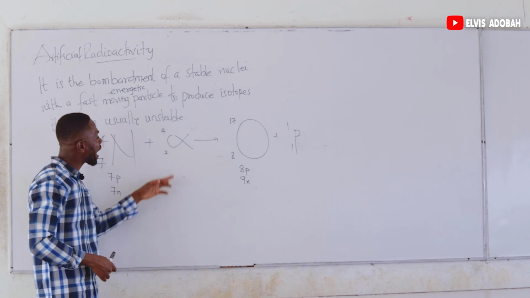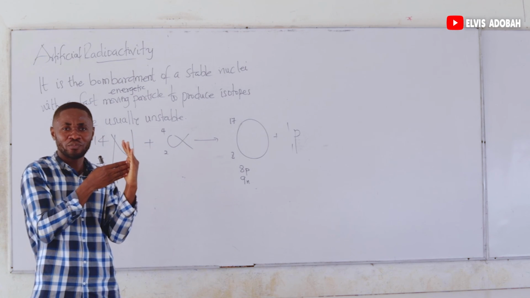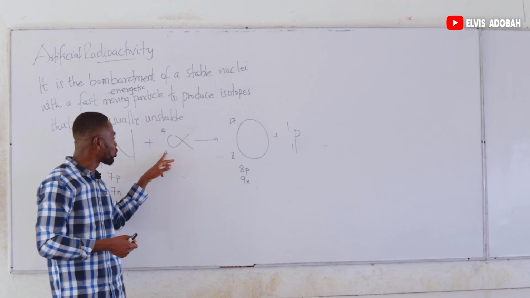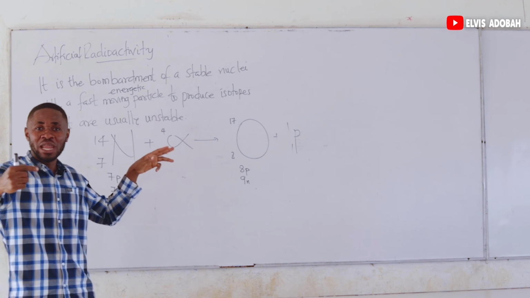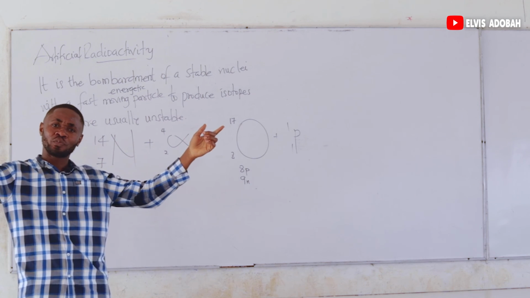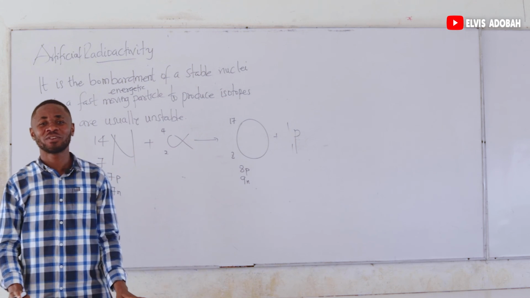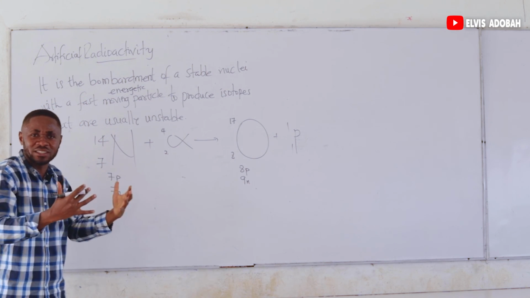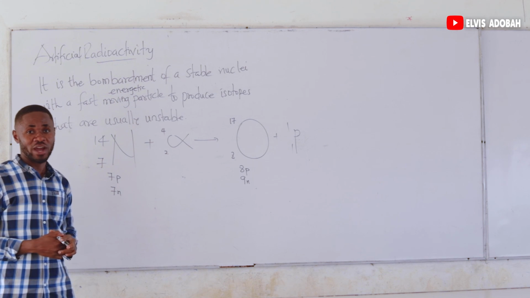If we shoot an alpha particle straight through a uranium isotope and it sticks, an alpha particle comes with 2 protons and 2 neutrons. The number of neutrons will increase by 2, and the number of protons will also increase by 2. We form a different element with atomic number 94. So artificial radioactivity is used to create new elements, and that's the use of artificial radioactivity.